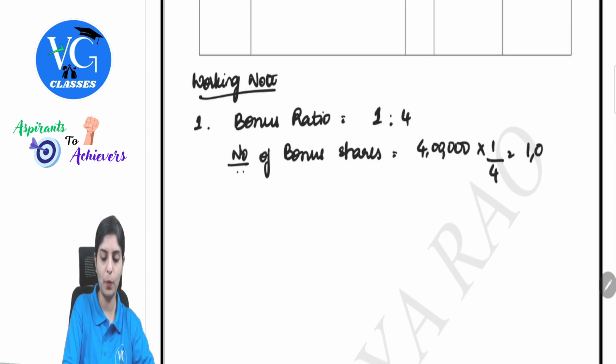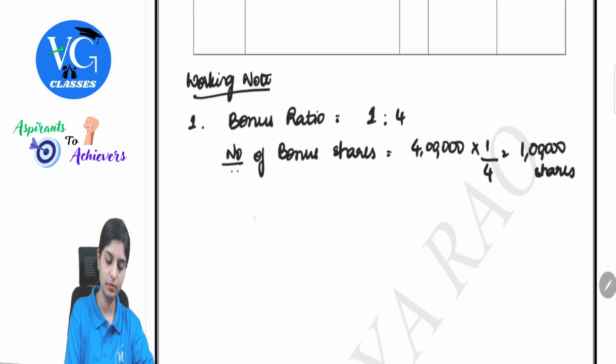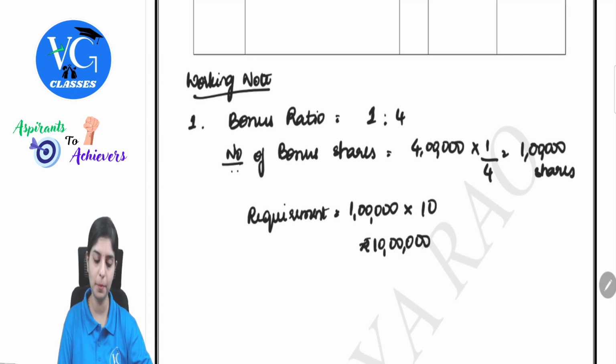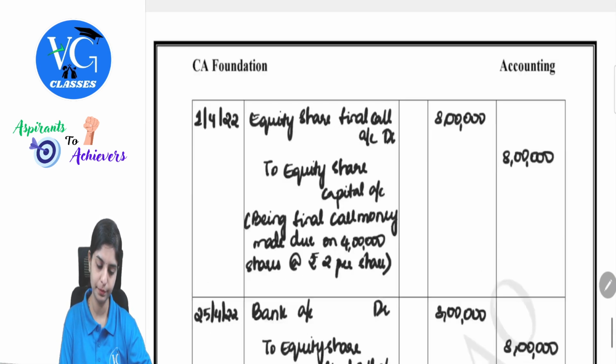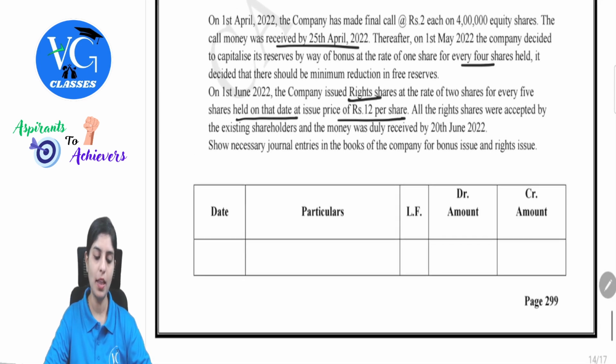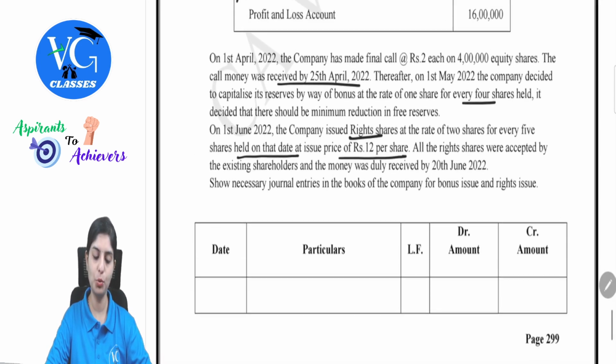So this will be 1 lakh shares. Requirement will be 1 lakh into 10. 10 lakh rupees is required for the purpose of bonus issue. Now we will first make the bonus issue.